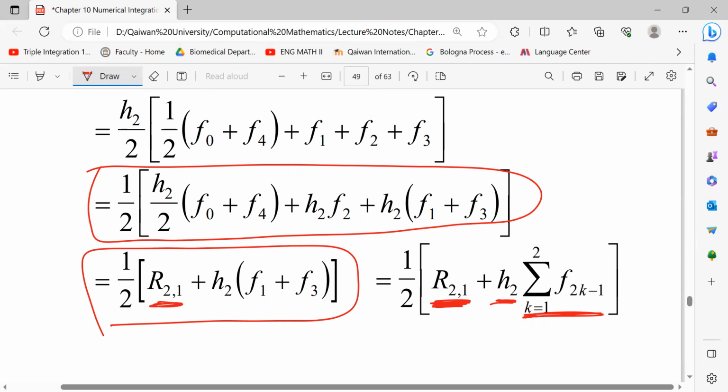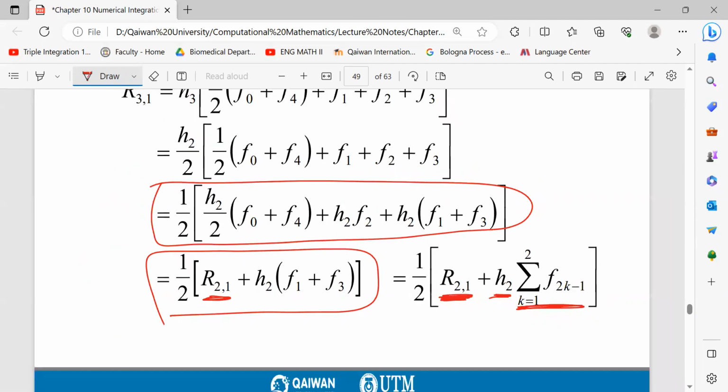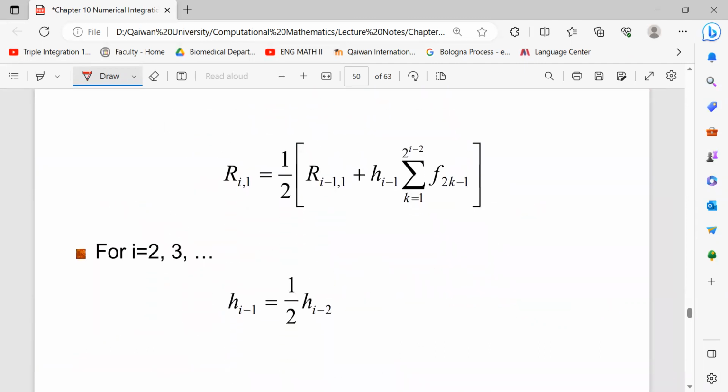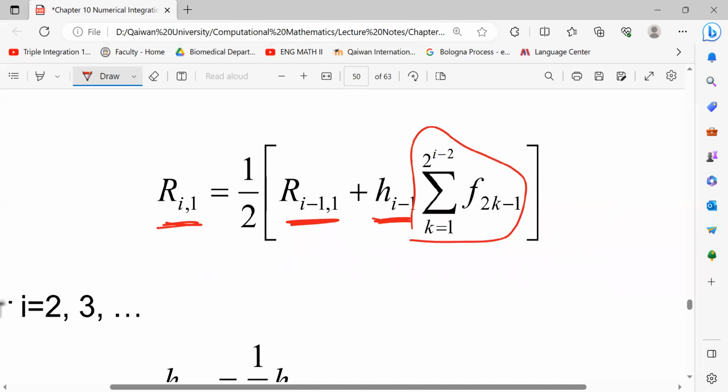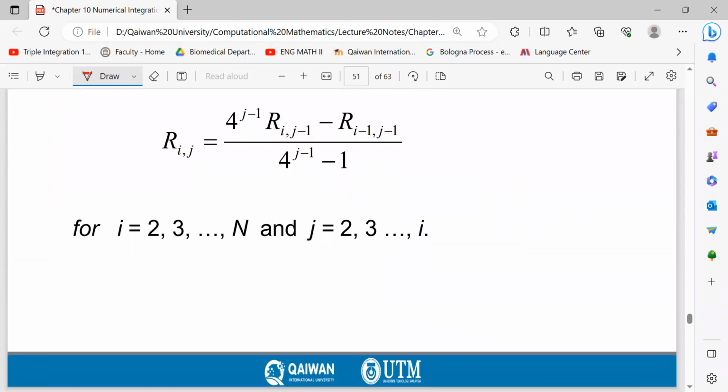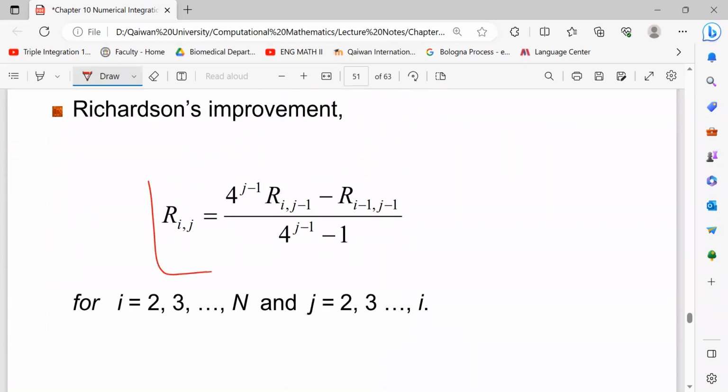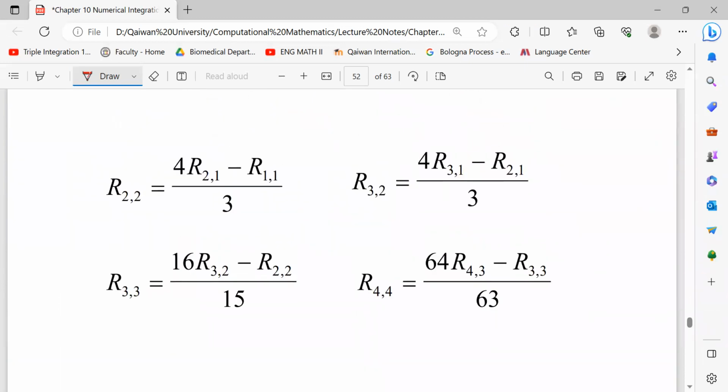Generally, Ri1 is Ri minus 1,1 plus Hi minus 1 multiplying by this summation. You can use this rule for finding all the R's. First find the first two R's, then use this rule to get all the other R's.